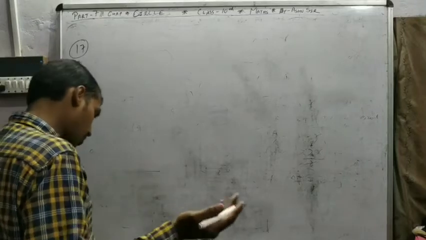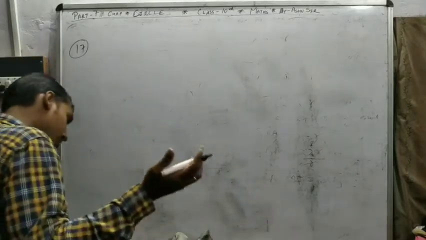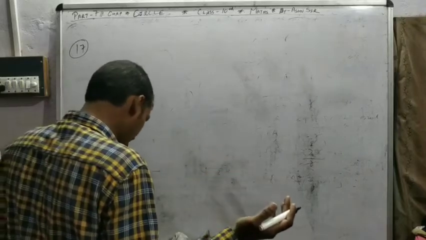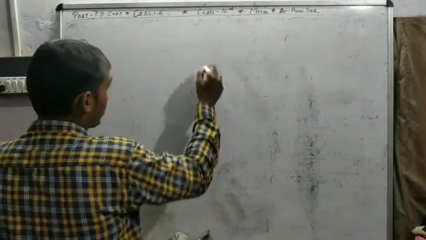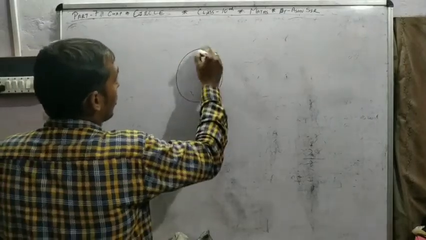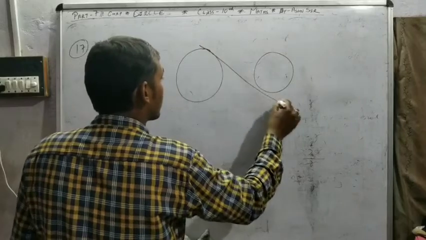This question you have to give in your test, homework also. The common tangents AB and CD of two circles with centers O and O dash intersect at E between their centers. Means if the tangents intersect, that means tangents just like this.